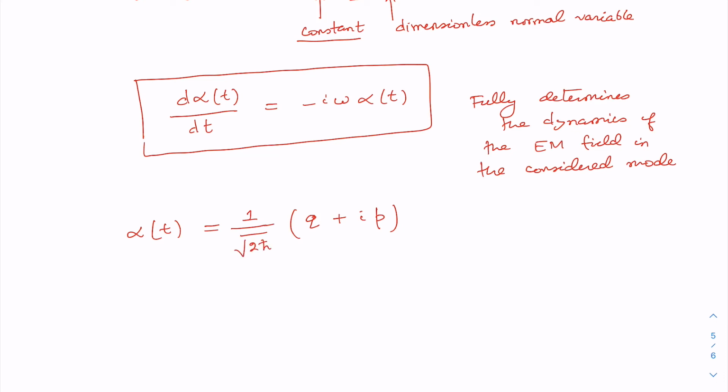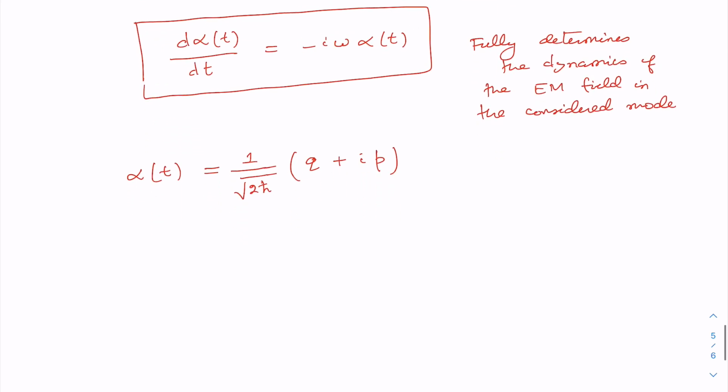We are still in the classical domain, but this h cross is the reduced Planck constant, and this multiplicative factor is there to keep all the upcoming formulas simple. And clearly alpha star, the conjugate, would be 1 by root twice h cross times q minus ip.